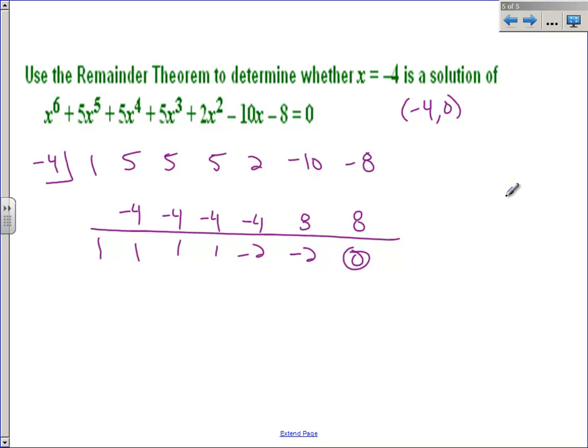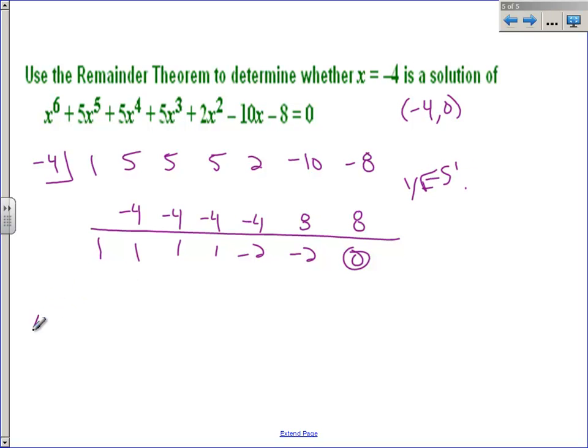That means that this is a root or a solution of that graph. This means that we have found a factor, which means we can start breaking this down. We know this graph touches the x-axis at negative 4. But we also know the following.